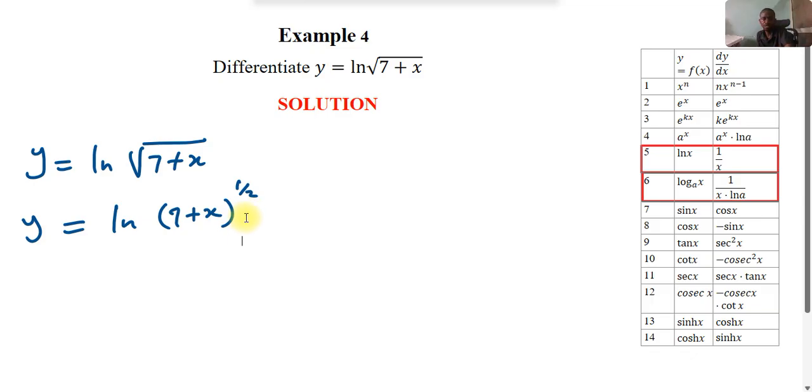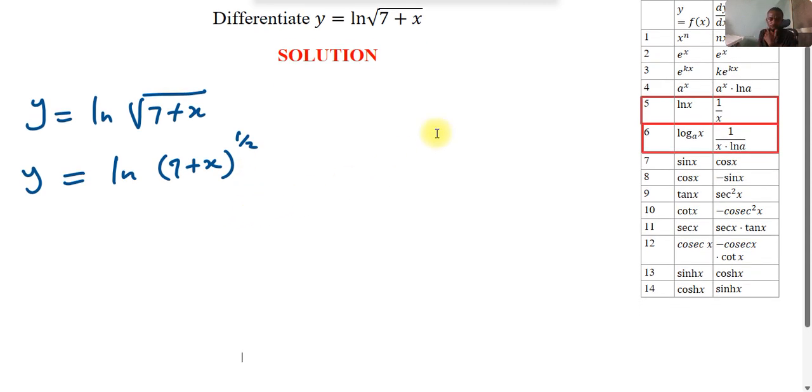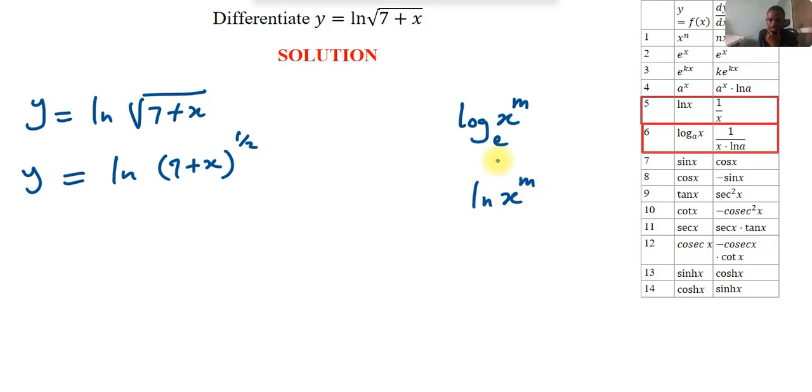Because we are dealing with log, if you check the law of logarithm, when you have the natural log of x raised to power m, I can write that as m times the natural log of x. Whatever I do here, I can do here as well.